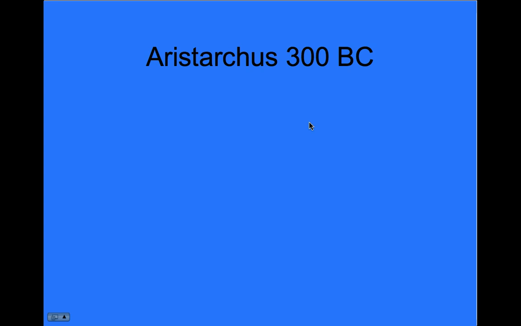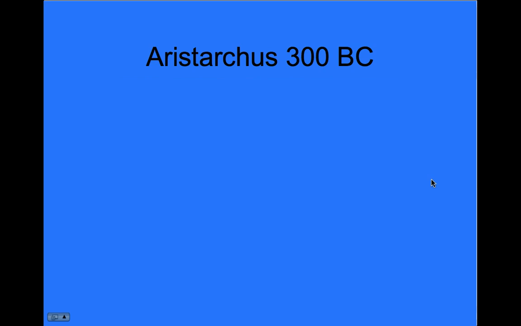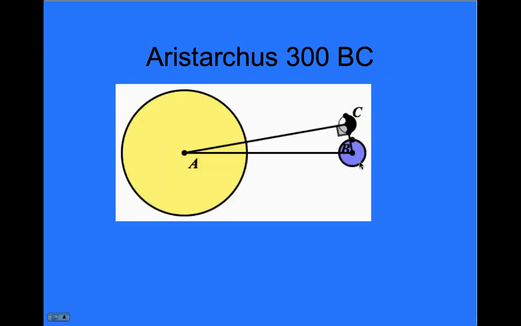In 300 BC, Aristarchus tried to measure how the distance from the moon to the earth related to the distance from the sun to the earth. In this picture, you can see the sun here setting and the moon here in the sky. Aristarchus measured that angle and approximated it to be about 87 degrees.